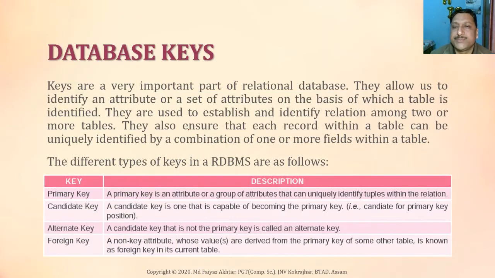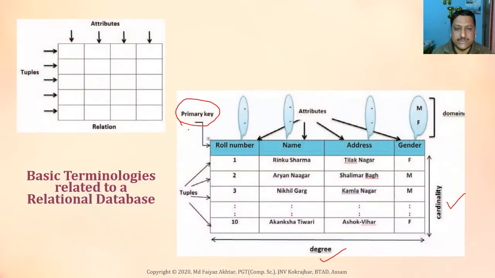Database keys. What is a key? Actually, in a table, in a relation, each and every piece of information is to be given a particular unique number, a unique ID in a separate attribute or separate column. Then this unique number or set of unique numbers or set of unique IDs which uniquely defines each and every row is known as a key.